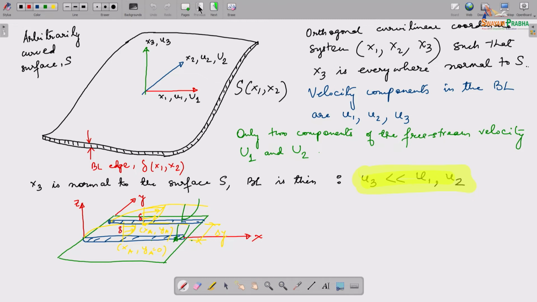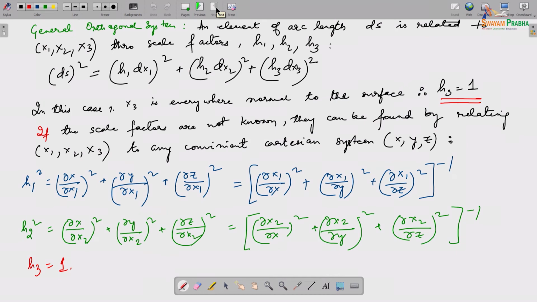Now, how do I calculate h1? It can be related to the x, y, z coordinate system in which one is trying to solve this problem, connected to the local coordinate system, and that's what we've done here.